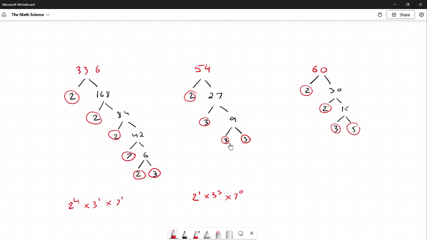So we can rewrite this as 2 to the power of, we have 2 2's here, so 2 to the power of 2 times 3 to the power of 1 times 5 to the power of 1, and then since we have 7 here, we are also going to write 7 here, so 7 to the power of 0.